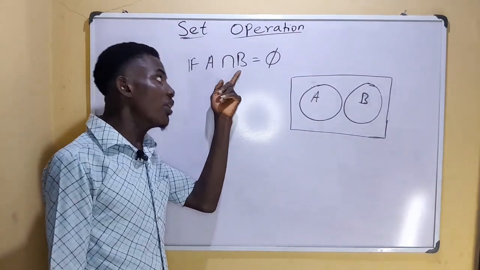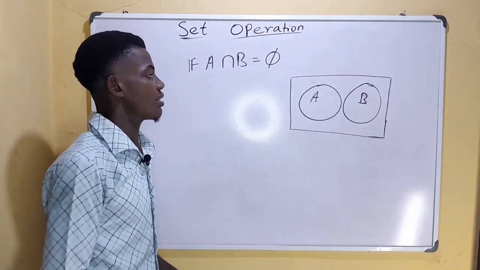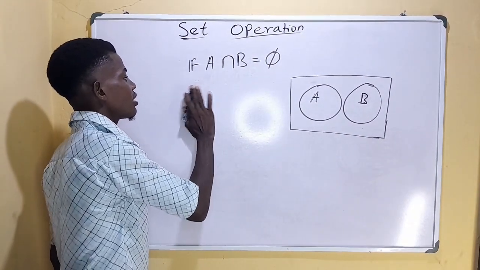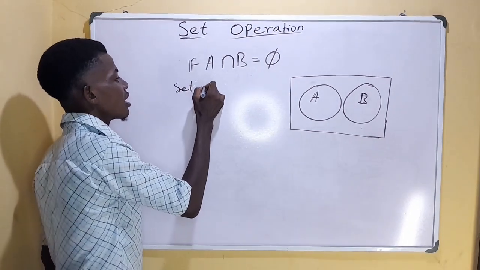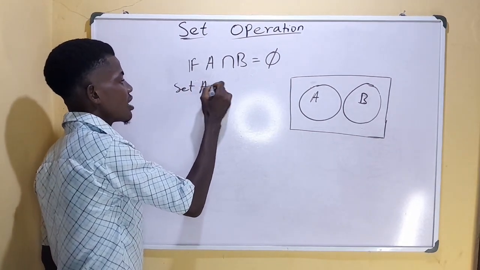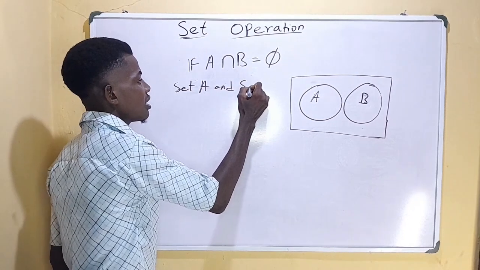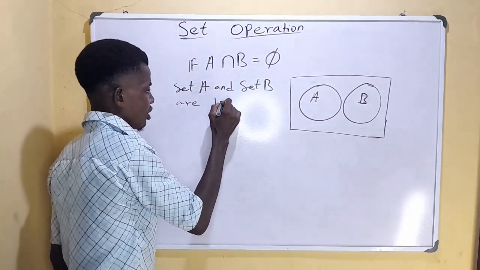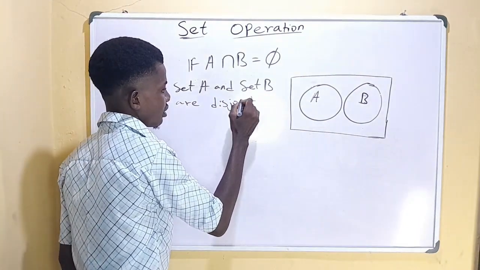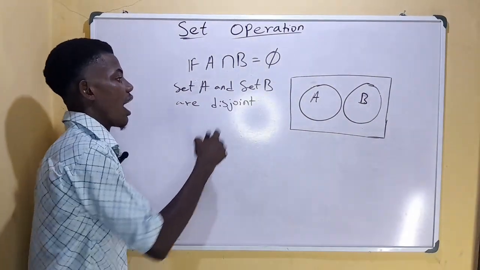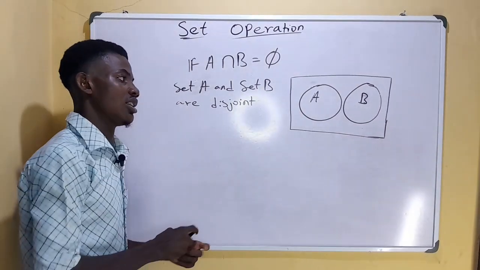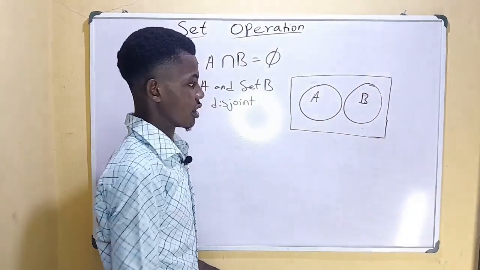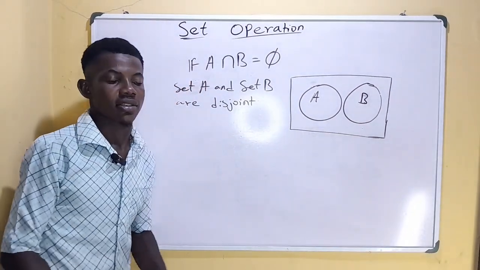A intersection B that gives us a null set means that set A and set B are disjoint. From the Venn diagram, you can see they are not joining, so they are disjoint.